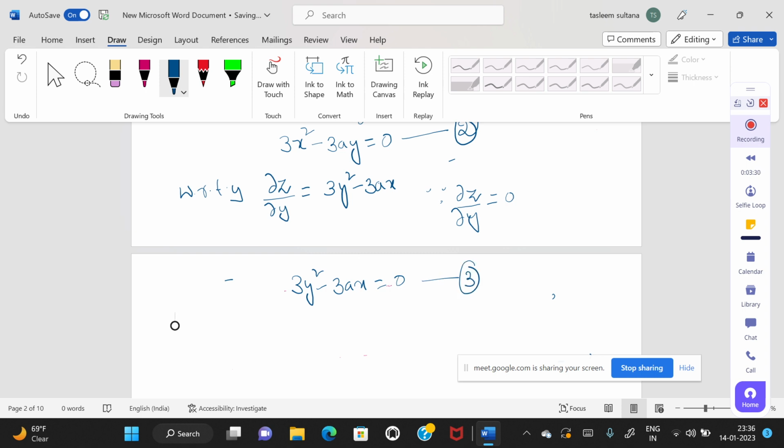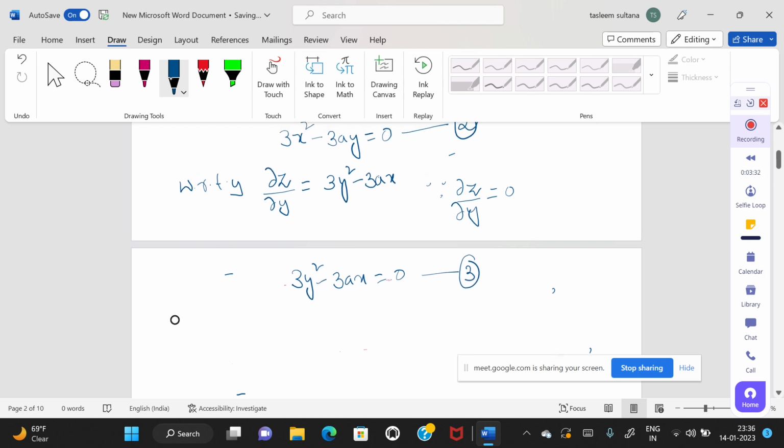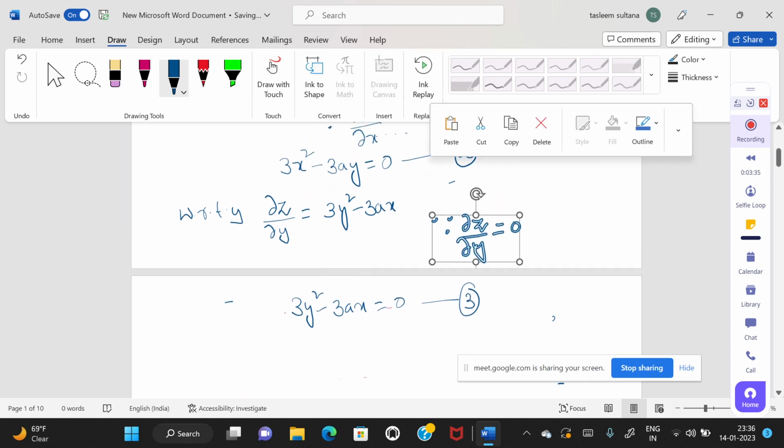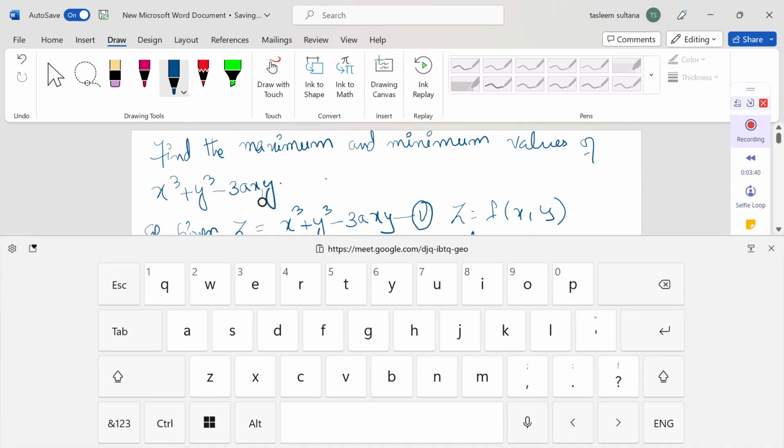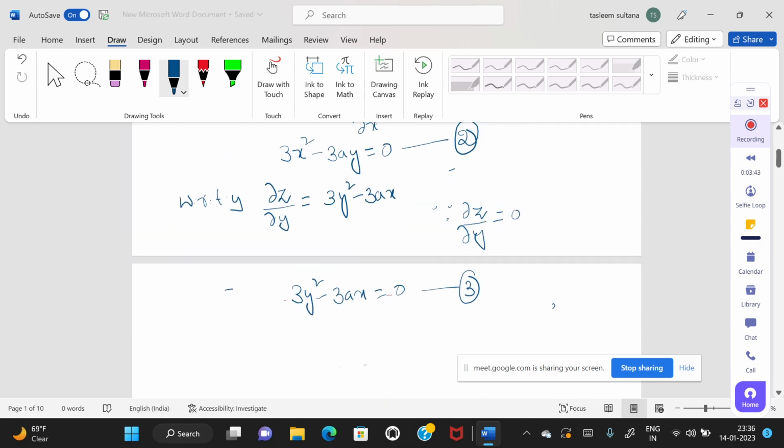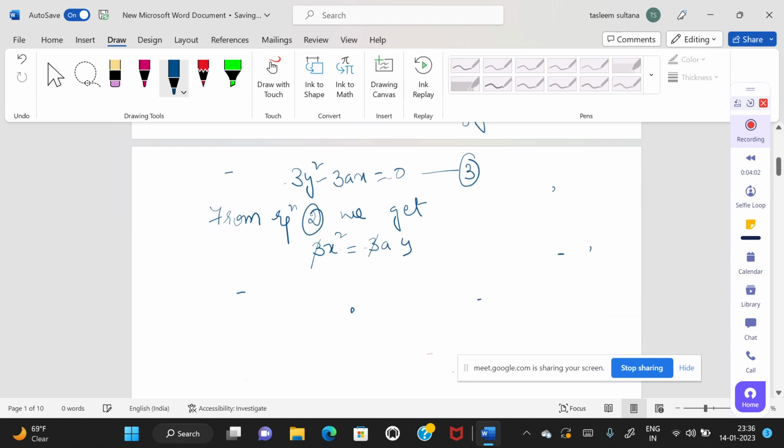Now we are going to solve equations 2 and 3. From equation 2, we get 3x square is equal to 3ay, where 3 and 3 will get cancelled, and we can take y is equal to x square by a.